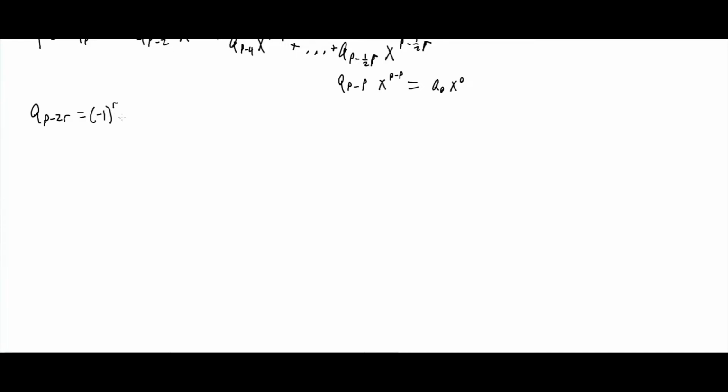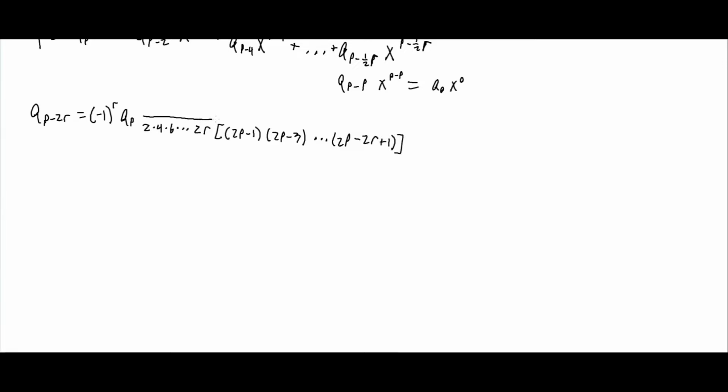That's all that is telling us, times a sub p, and then we will get something that looks like 2 times 4 times 6, going all the way up to 2r, and then we will have that multiplied by 2p minus 1 times 2p minus 3, and that will keep going until we get to 2p minus 2r plus 1.